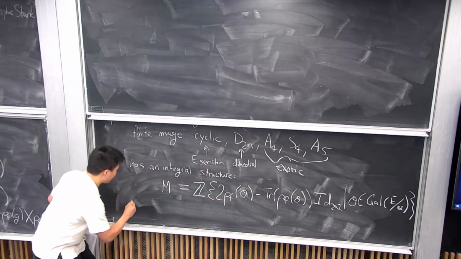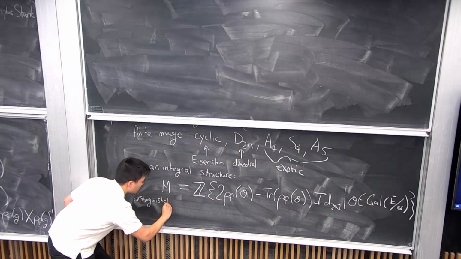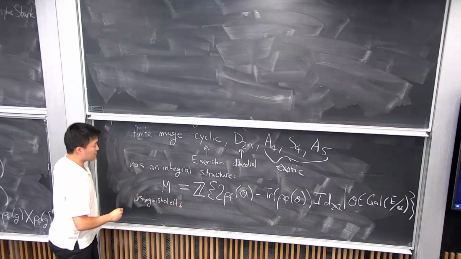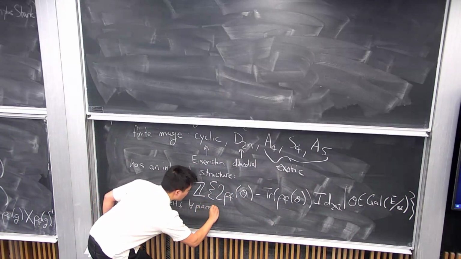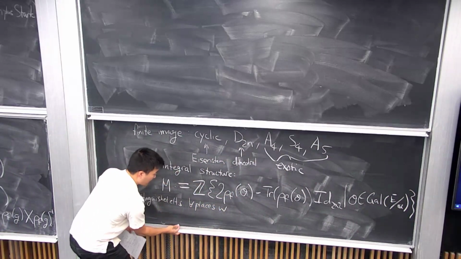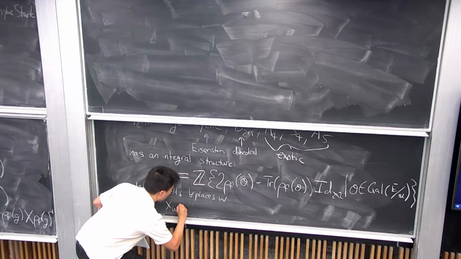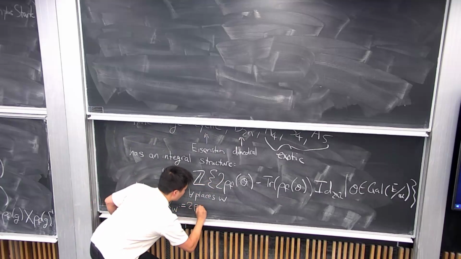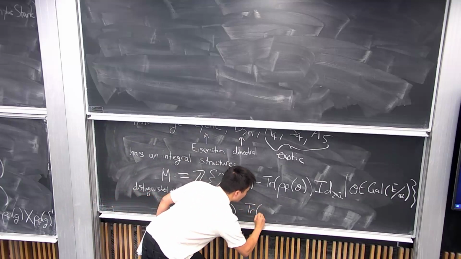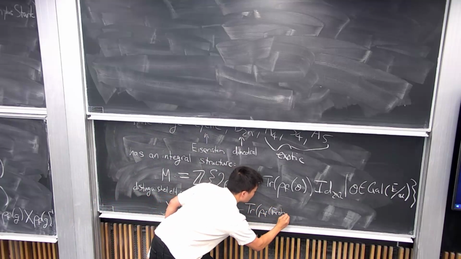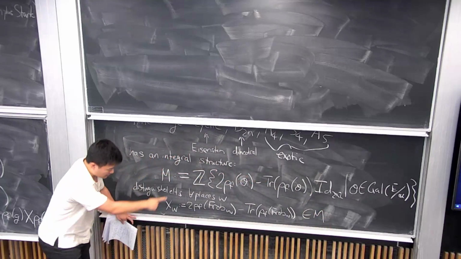And it has distinguished elements in M at every place W. These elements look like this, with sigma being the Frobenius at W. So 2 rho F of Frobenius of W minus the trace of rho F of Frobenius of W. If W is Archimedean, I mean complex conjugation.